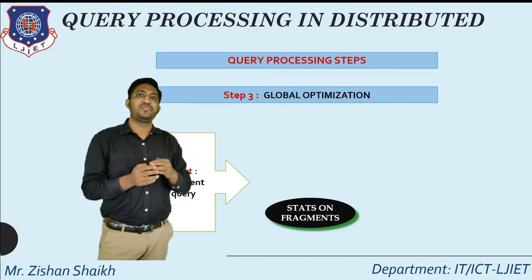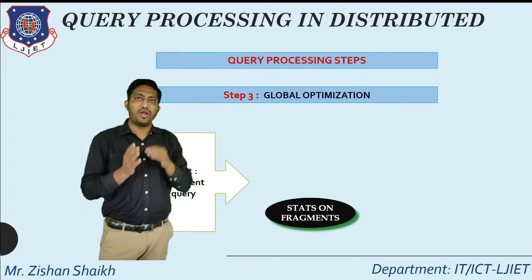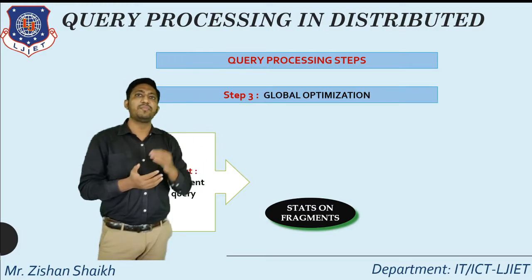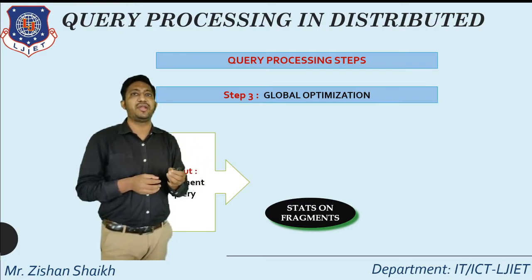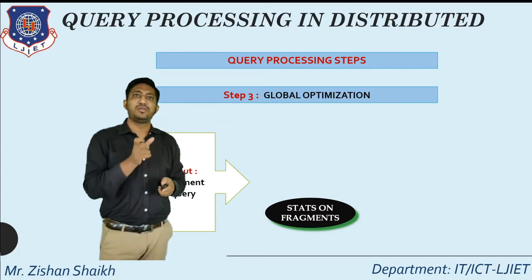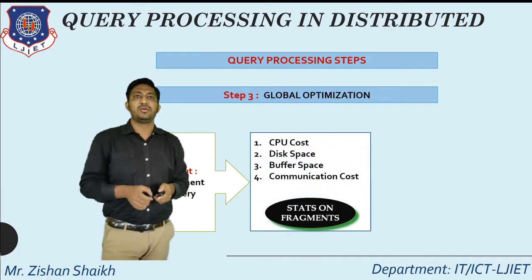Because we have to take care of the communication cost also. For reaching the particular site, we have a number of alternatives. From those alternatives, which alternative is the best or optimal one, that belongs to step number 3. That is our global optimization.